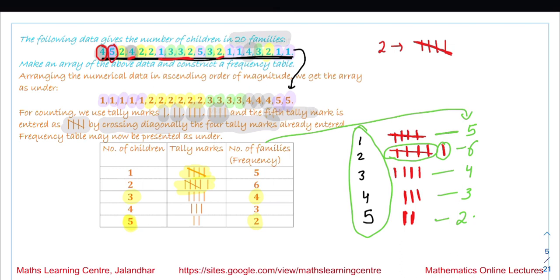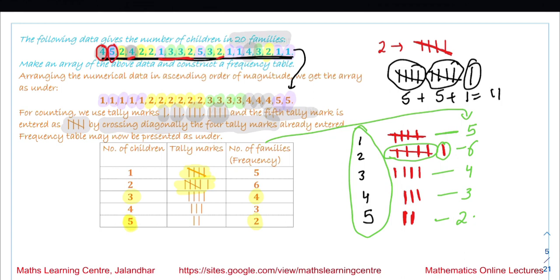Suppose we have to represent 10 things: it is 1 2 3 4, the 5th is like this, then 1 2 3 4, the 5th is like this, then it is 1. So how many total are there? This represents 5, this represents 5, this represents 1. So the total it is representing is 11. So this is how we put the tally marks.